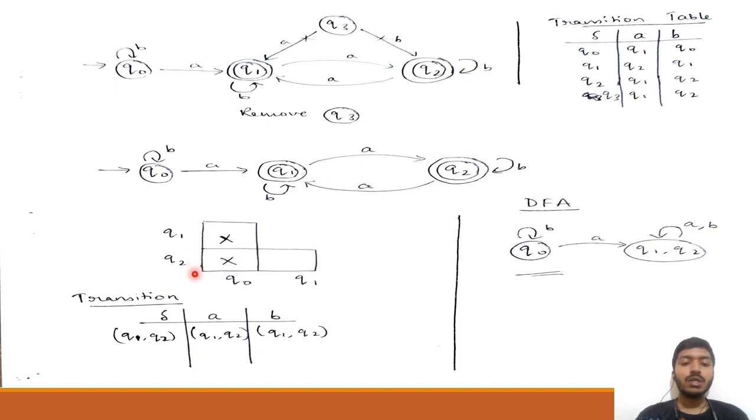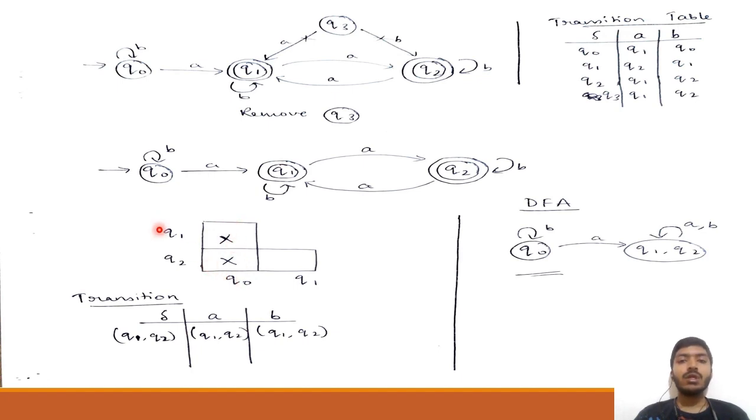Now we will create this table with Q1, Q2 as our rows and Q0, Q1 as our columns. We'll check them as a pair and see if there is one final and one non-final state. If that's so, then it satisfies our condition and we'll put a cross.